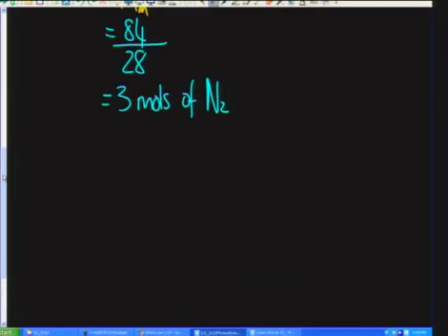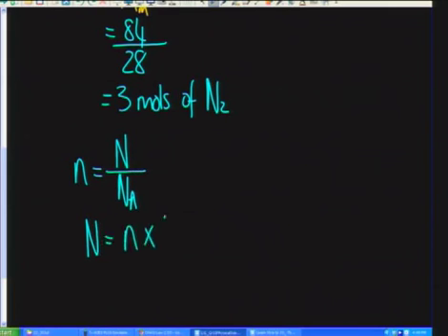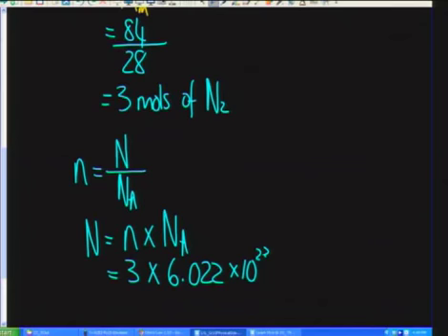We've got to now take this one step further, and using Avogadro's number, we're going to work out how many particles. Number of particles divided by Avogadro's number. And so I've got number of particles is equal to N multiplied by Na. So I have 3 moles multiplied by Avogadro's number, 6.022 times 10 to the power of 23. It's a big number.